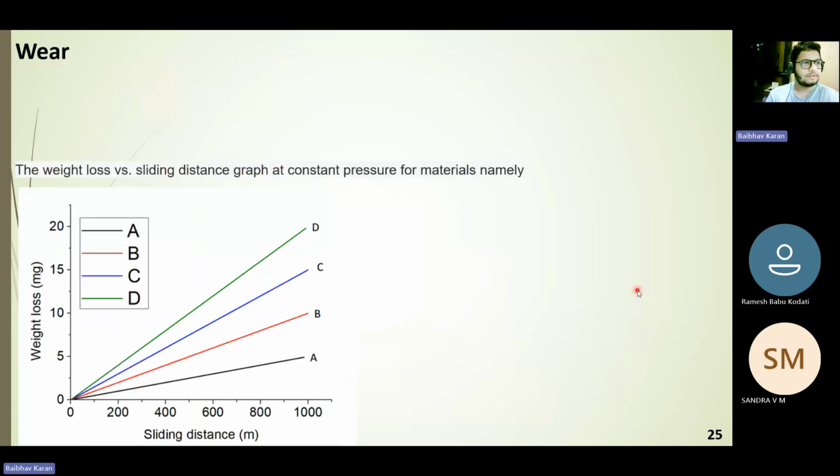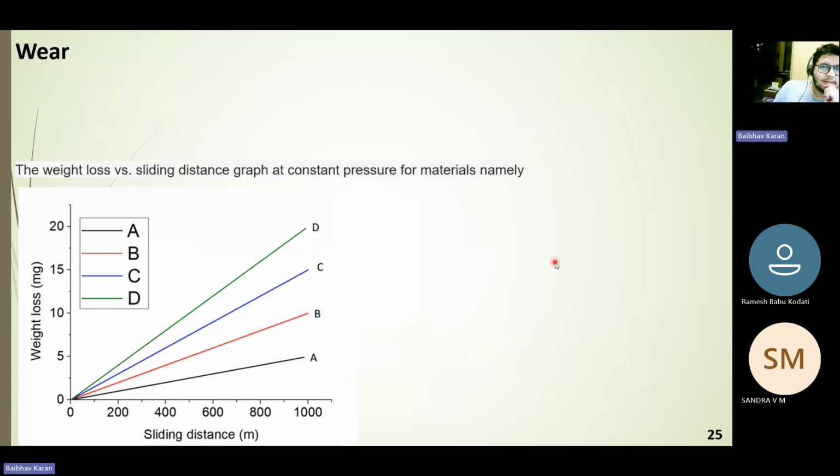If we increase the strength, we want the material to be ductile. We cannot expect every material to be super plastic, but some amount of plasticity should be shown so that it will not fail easily. So strength, ductility, and another point we consider is wear.